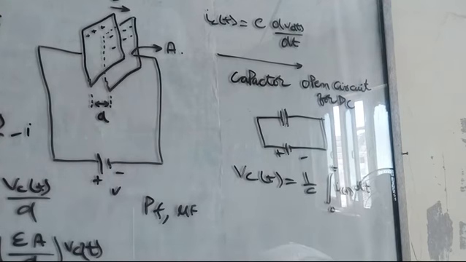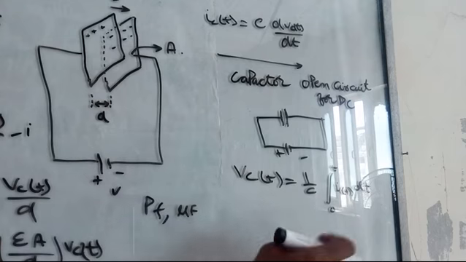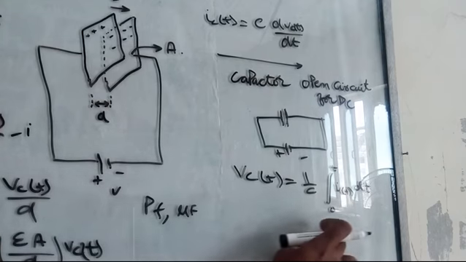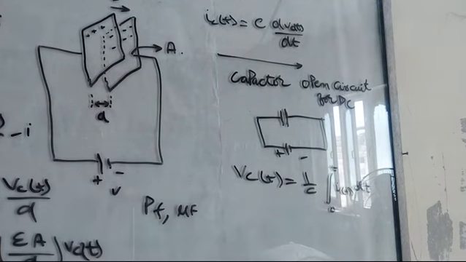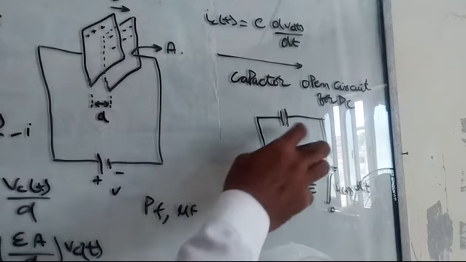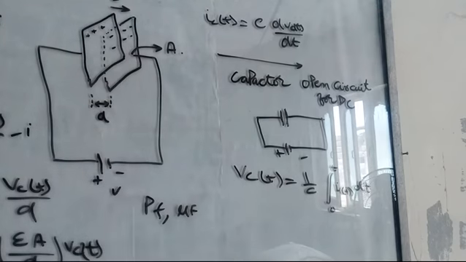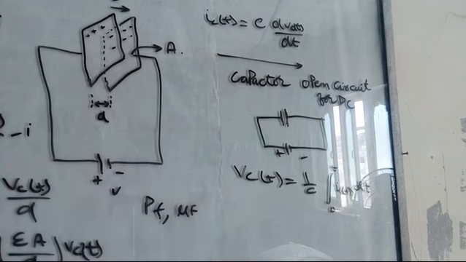So the voltage is the integral of the current. As current keeps on flowing through this capacitor, the voltage will be increasing continuously. With the passage of time, the voltage will keep on increasing and it will keep on charging itself. When the current decreases, the voltage will decrease. So the voltage is the integral of current multiplied by 1 over C.